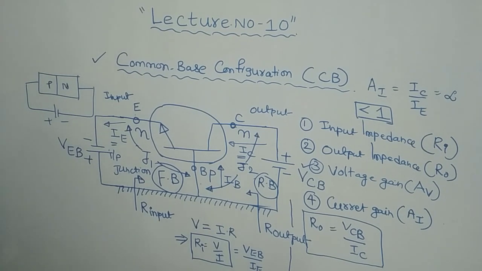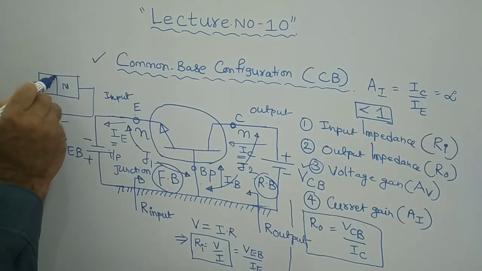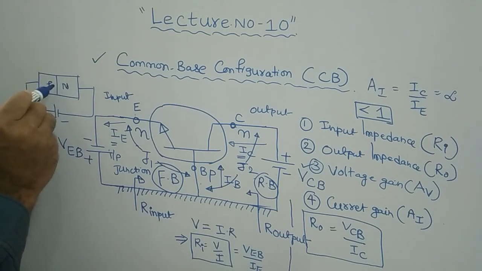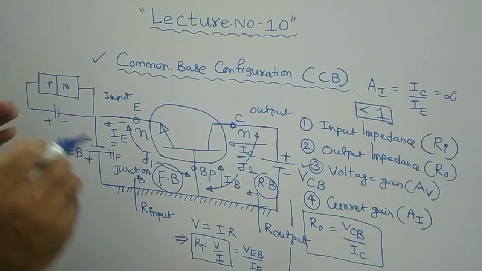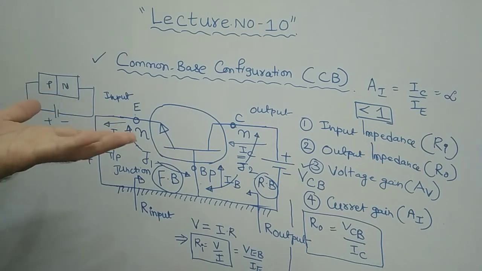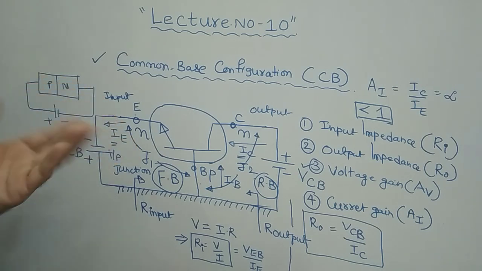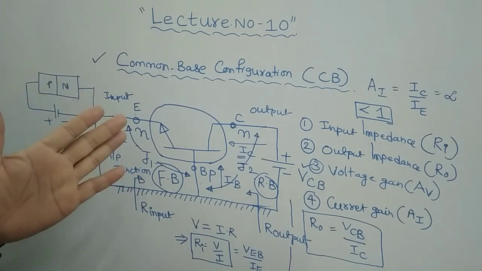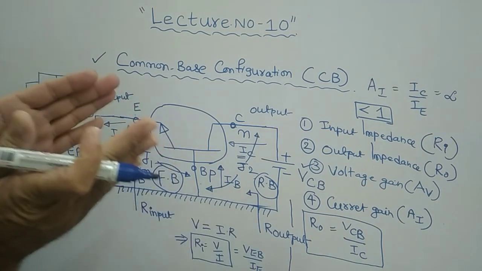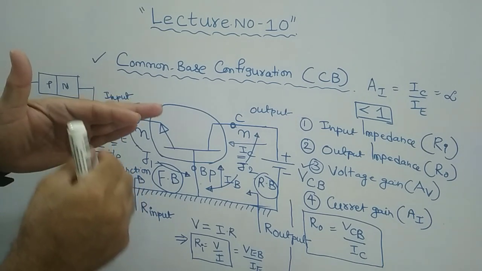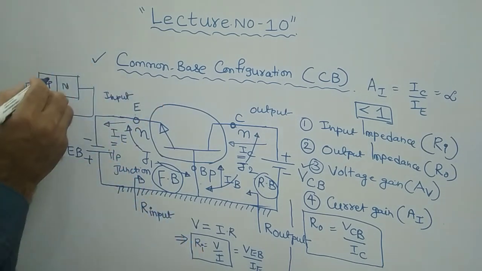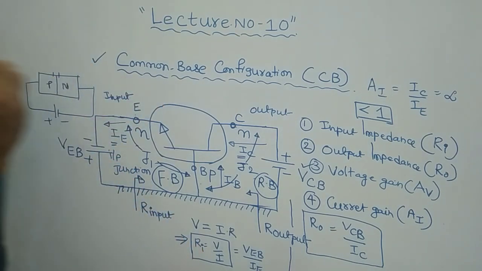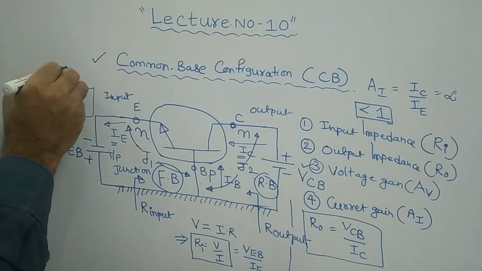But internally, the P-type material acts as one plate and the N-type material acts as another plate. That means two parallel plates are separated by a small gap, is it not? That is called the depletion width.